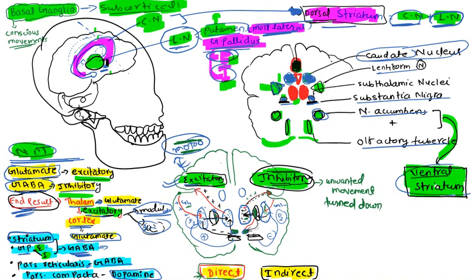Now we have this pars compacta in the substantia nigra, which gives the dopamine to the striatum through the nigrostriatal pathway. And to the direct pathway, as it consists of the dopamine receptor D1, it will act as excitatory, which means it will stimulate more activity of this direct pathway.